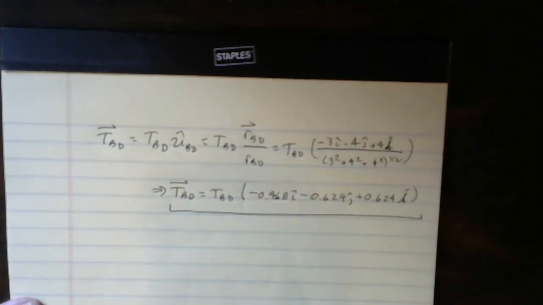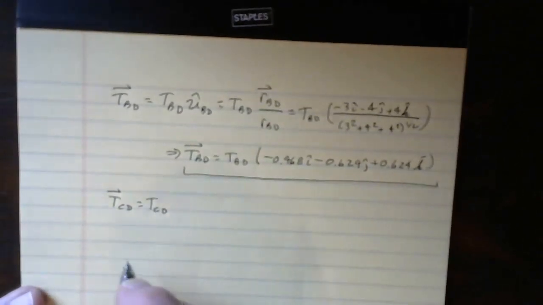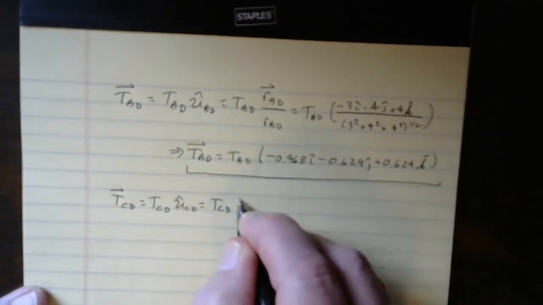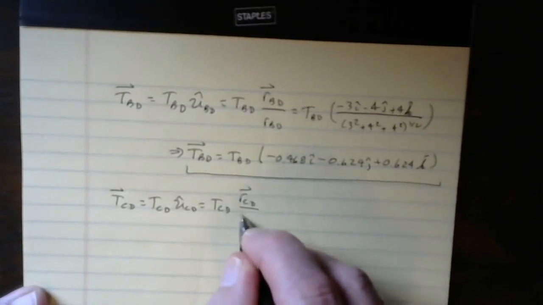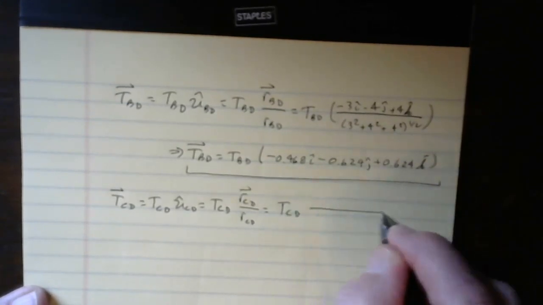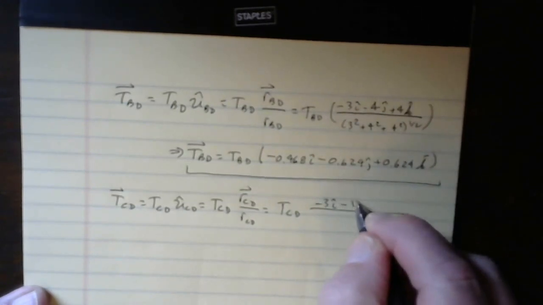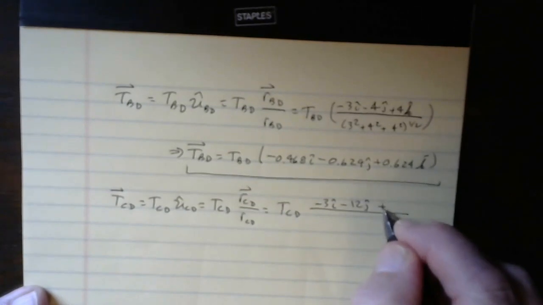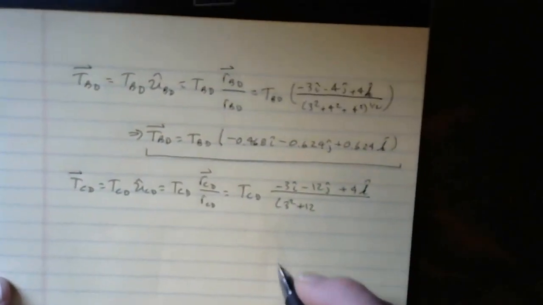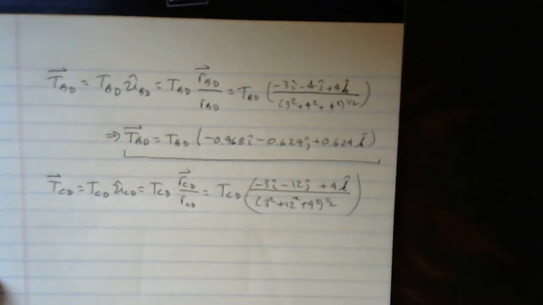Getting the other two, TCD is equal to TCD times UCD, which is the position vector RCD divided by its magnitude. May as well do this. Minus 3i, minus 12j, plus 4k. Magnitude: 3 squared plus 12 squared plus 4 squared, to the 1/2. In parentheses, I have the unit vector.